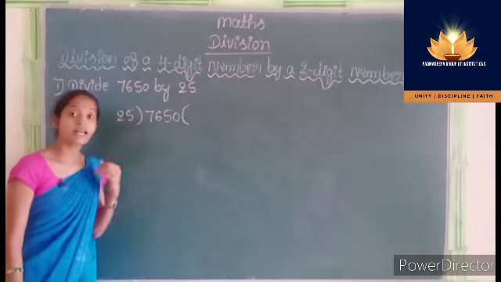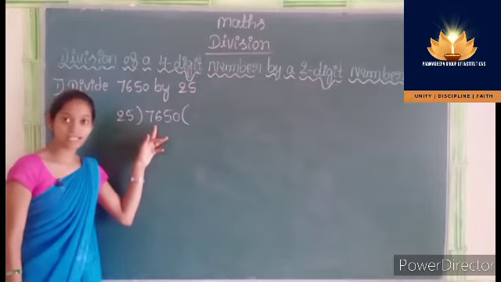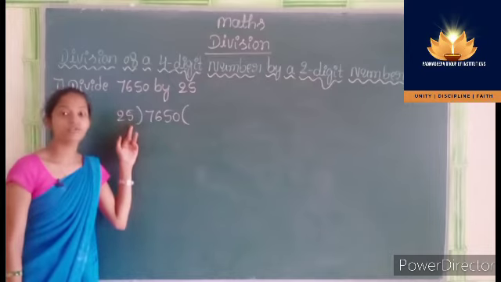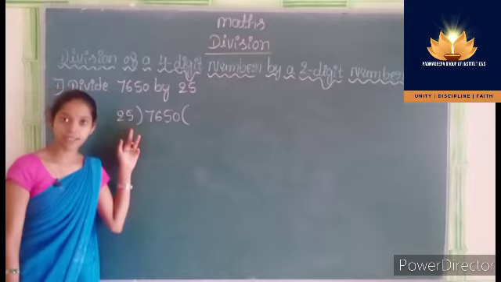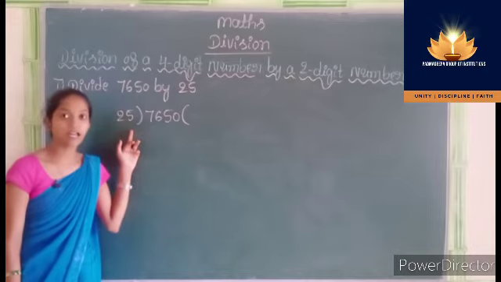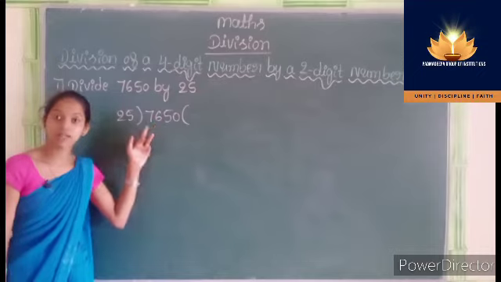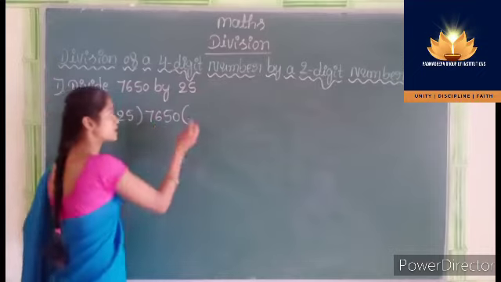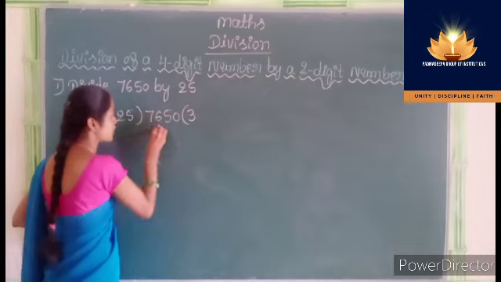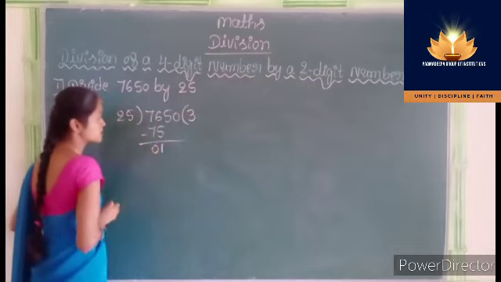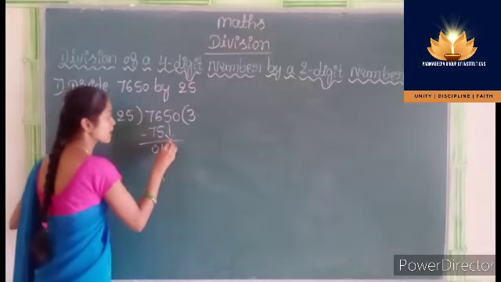Which number is less than or equal to 76 in the table of 25? 25 ones are 25, 25 twos are 50, 25 threes are 75, 25 fours are 100. 25 fours are 100, that is greater than 76. That's why we have to consider 25 threes are 75. 6 minus 5, 1. 7 minus 7, 0. Bring down this 5.